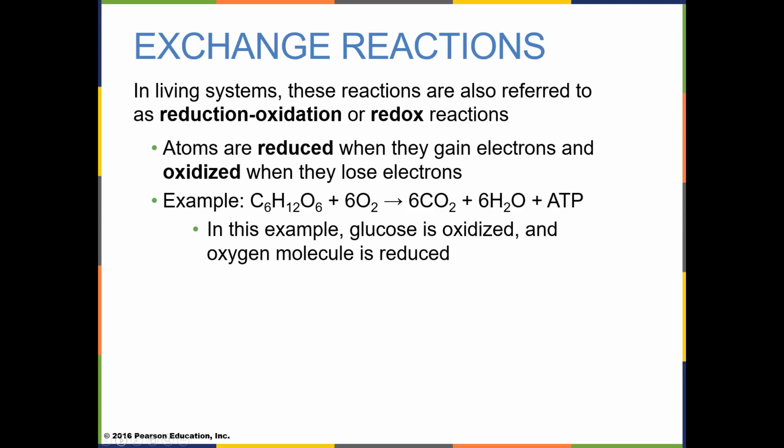So we eat that cake. I hope it was good cake anyway. We eat that cake and we break down the chemical bonds. By doing so, we're stripping the electrons off of the carbohydrates and releasing the energy. When something is oxidized, it's releasing energy.